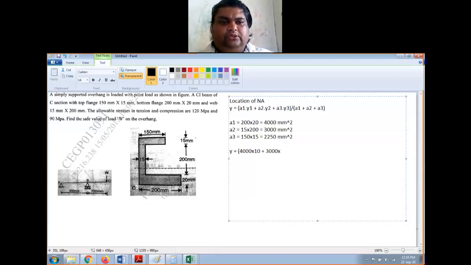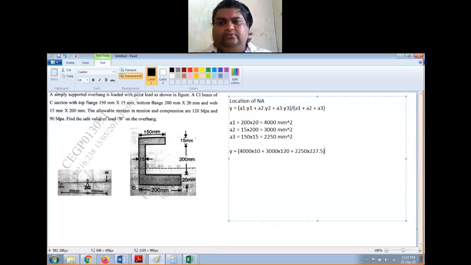So this will be 200 by 2, that is 100 mm from this top surface, plus 20, so it is 120, plus 2250 into 200 plus 20, 220, 220 plus 15 by 2, that is 7.5, so 227.5.